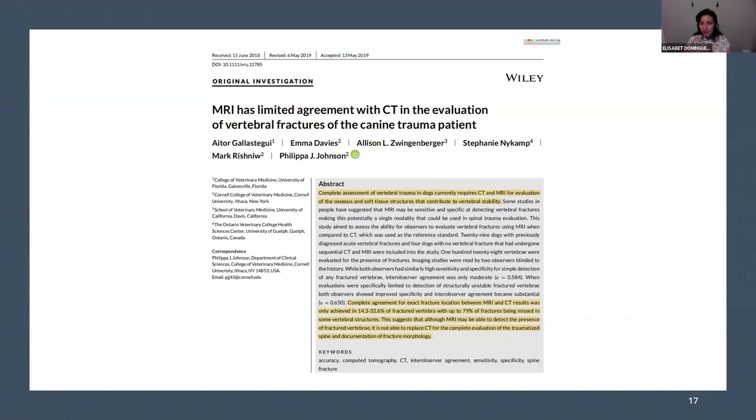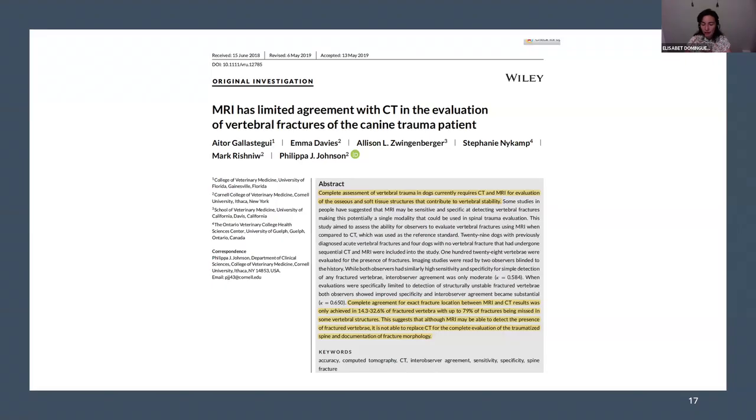In this study, the authors did a complete evaluation, and they compared the evaluation of CT and MRI in dogs that had trauma to see if there was a good or bad correlation.